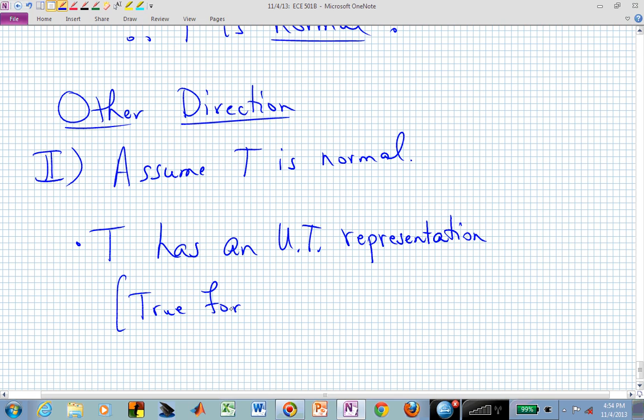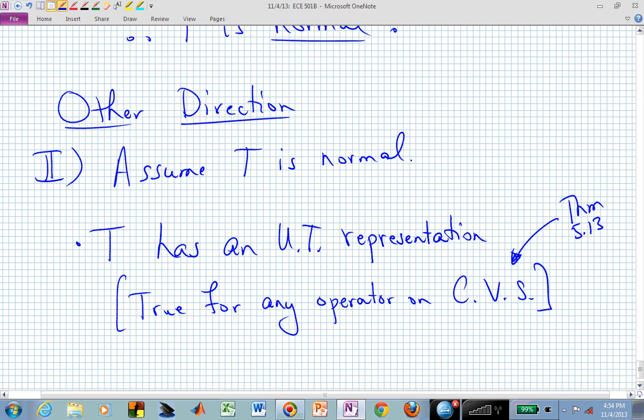And that's true for any operator on a complex vector space. Since that's resulting from a chapter 5 result, which is before chapter 6, which was before we started talking about inner product, the fact that T has an upper triangular representation hasn't yet needed any of this inner product stuff.